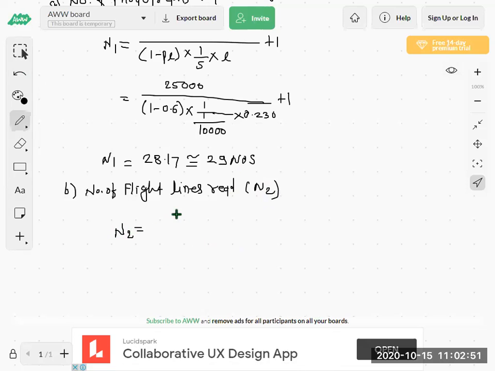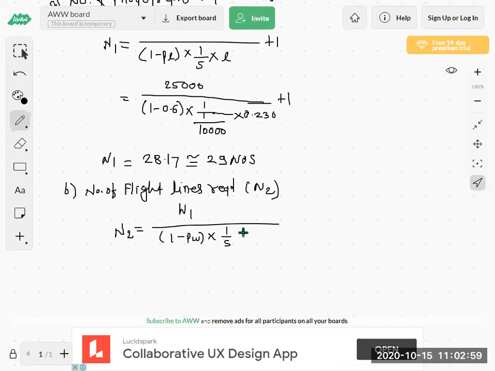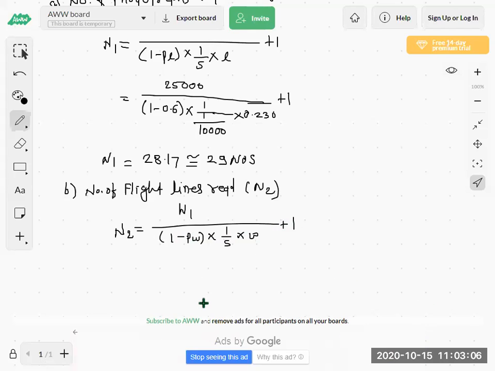n2 is equal to, please write the formula, w1 divided by 1 minus pw into 1 upon s into w, plus 1. This is the formula. So now put the values in this formula.